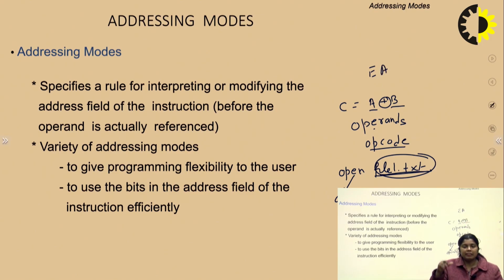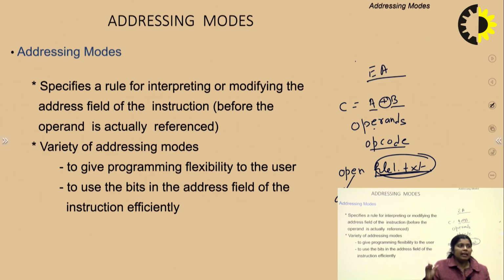It is where the operand is actually residing, either in memory or in a register. Finding out the actual address where the operand resides, in memory or a register, is called the addressing mode. You can say the addressing mode is a way to find the actual address of the operand, and this actual address is called the effective address.